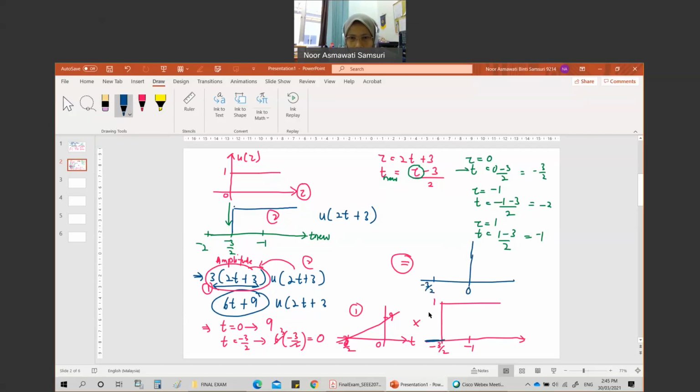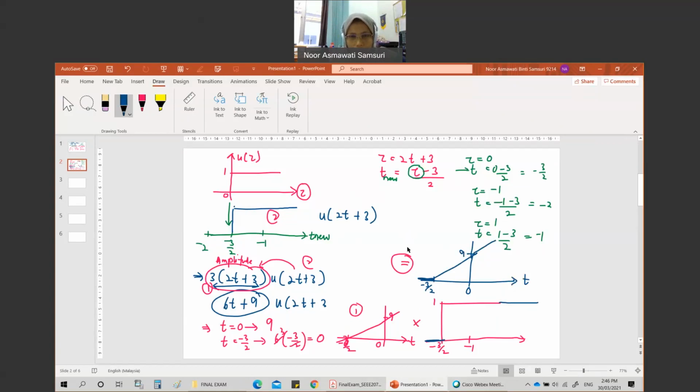So when t is less than minus 3 over 2, it will be 0. When t is larger, until this one, it will be the same amplitude, crossing at 9. And then onwards, multiply with 1, so you get the same signal again and again, up to infinity. Okay, so this is your output.